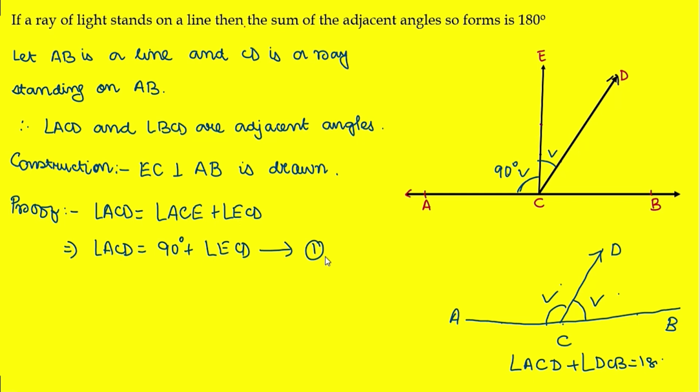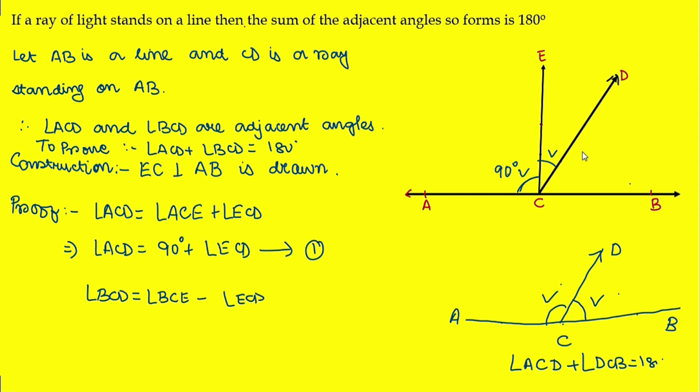The main thing you have to do is prove that the adjacent angles, that is angle ACD plus angle BCD, give us 180 degrees. Now, if you look at angle BCD, it is a part of the total angle BCE minus angle ECD.